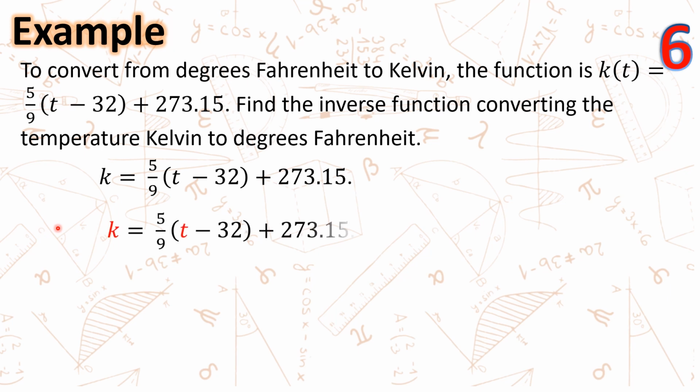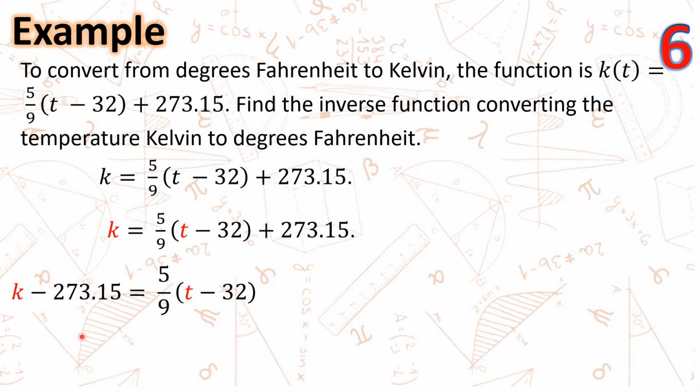So we have K equals 5/9 times the quantity T minus 32, plus 273.15. We solve the equation for T in terms of K. So subtracting 273.15 from both sides, we have K minus 273.15 equals 5/9 times the quantity T minus 32.